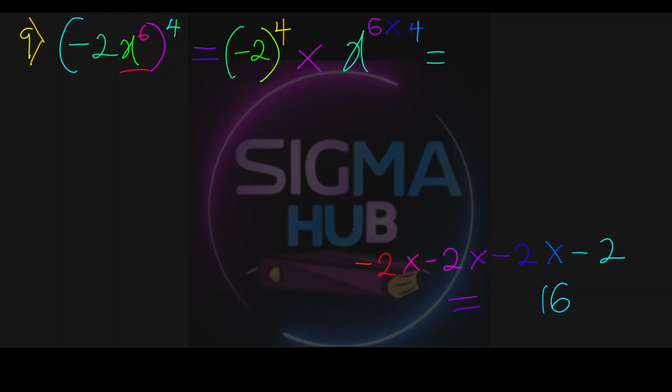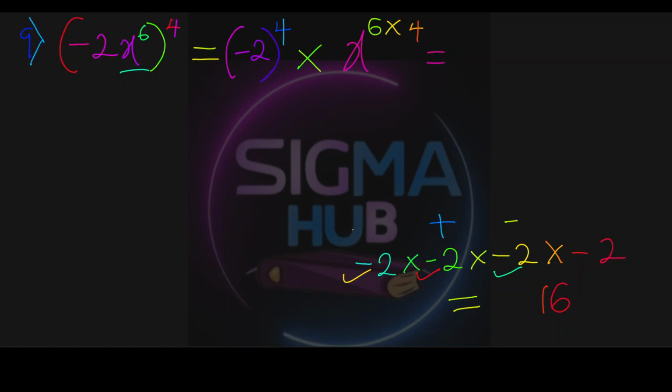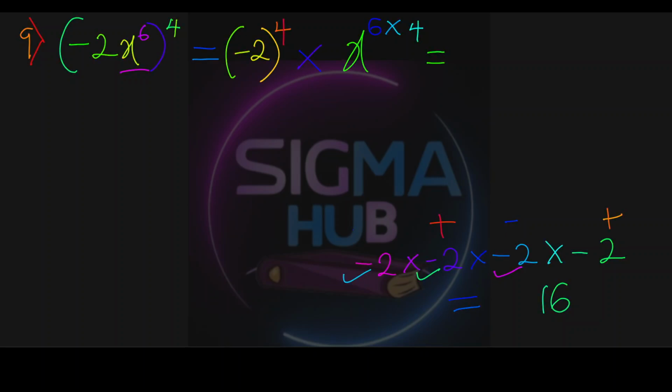So I'm going to be multiplying the negatives also. This minus multiplied by minus is going to give you plus. Then the plus that you have gotten here multiplied by this minus is going to give you minus. Then the minus you have gotten here multiplied by another minus is going to give you plus at the end of the day. And that's why the result is 16.